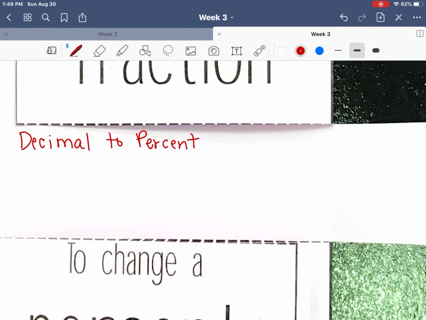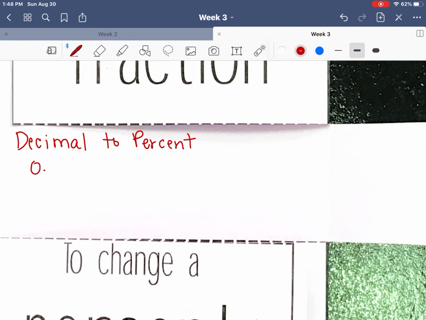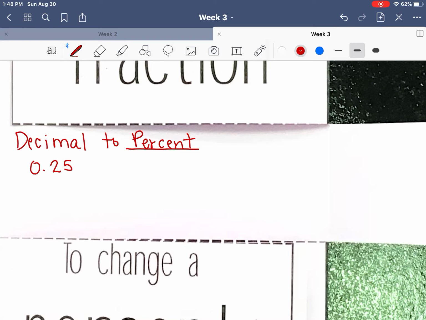Let's start with the decimal 0.25. Again, we'll stick with the same example. To change a decimal to a percent, remember that percent means out of 100. So 25 out of 100 is 25%. If you change that to a fraction, it's 25 hundredths.